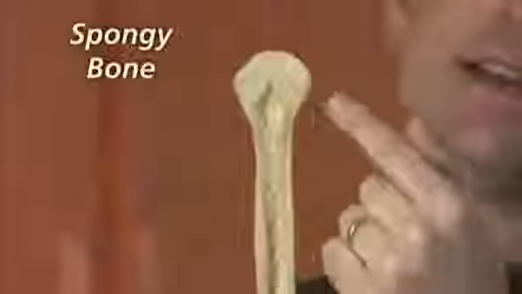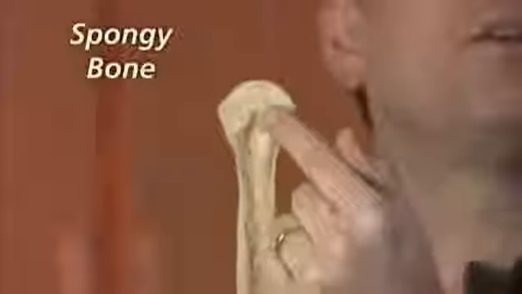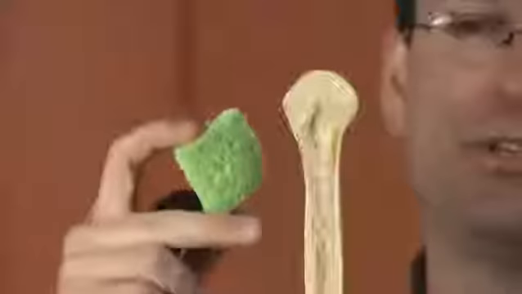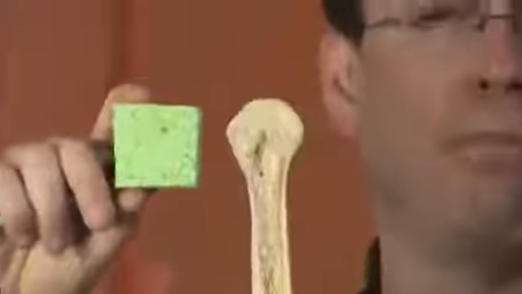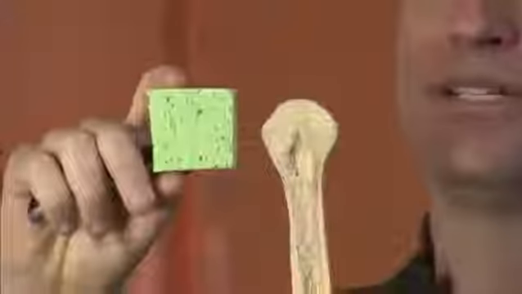If I look at the end of the bone, called the epiphysis, then I see a different type of bone called spongy bone. This one's very, very porous, like a sponge, as opposed to the bone that you find in the wall of the diaphysis, which is much more compact, much more dense. And so that's a little analogy to remember your spongy bone.